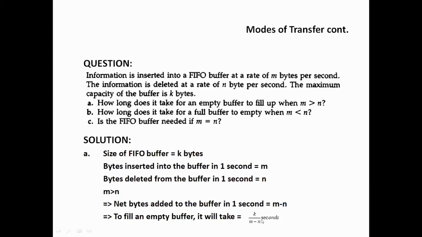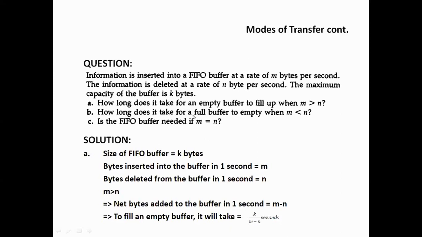So how much time will it take to fill the whole thing? 10 divided by 3 minus 2, that will be 1, which means 10 seconds. Obviously, if one thing is added to a buffer per second, it will take 10 seconds to fill those 10 slots in the buffer. Let us move to the second part.